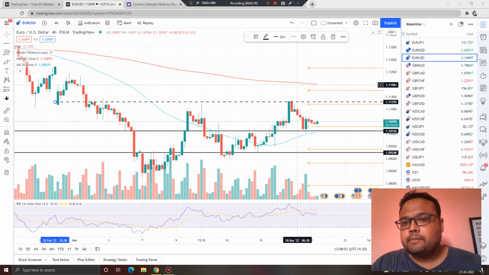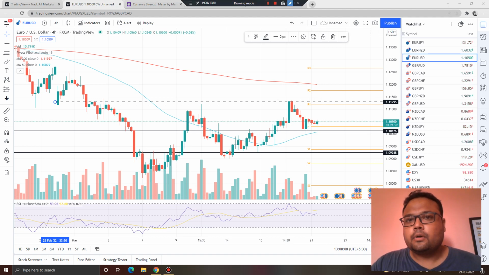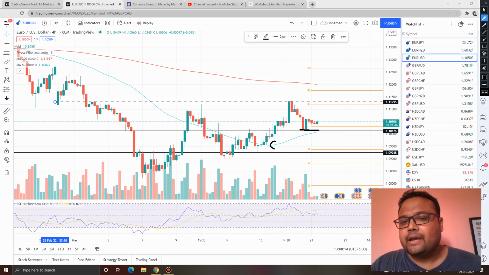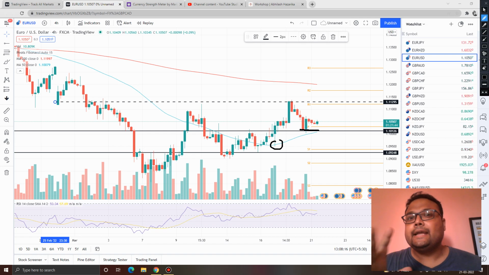And right now you can see that the market is trading here. We have a support around 1.1010. This support is important because you can see that the 50 moving average is more or less working as a dynamic support here.